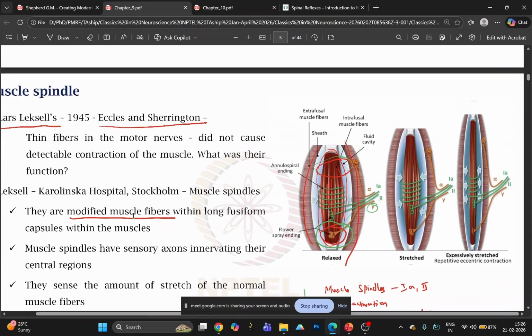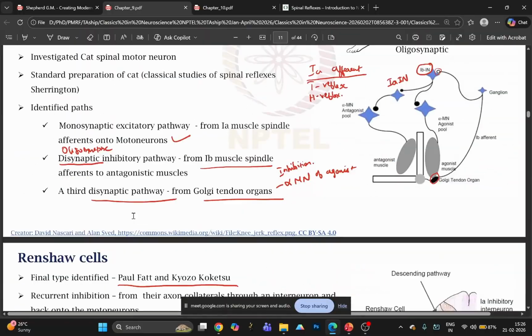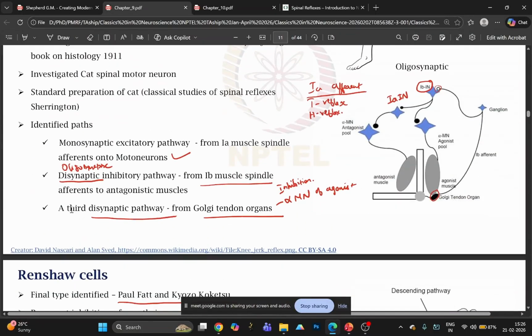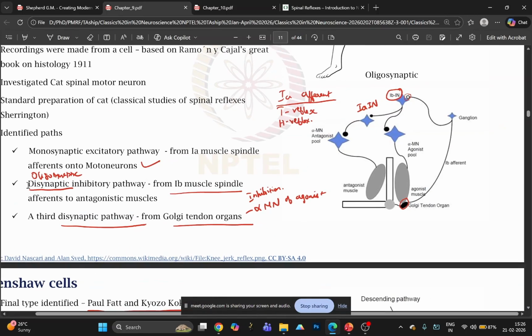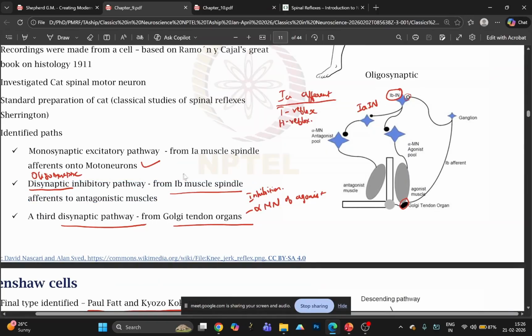What was the third synaptic pathway that Eccles discovered? The third pathway was a disynaptic pathway from Golgi tendon organs. The one that we just discussed, from the 1B sensory afferents to the antagonistic muscles, is actually an oligosynaptic pathway.